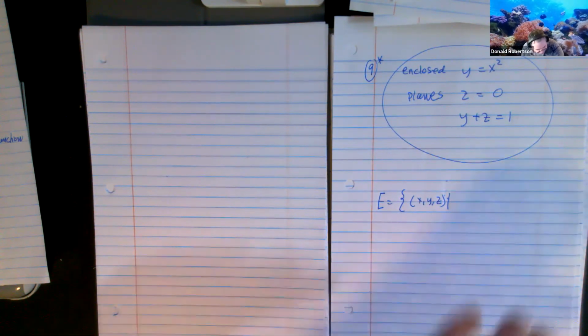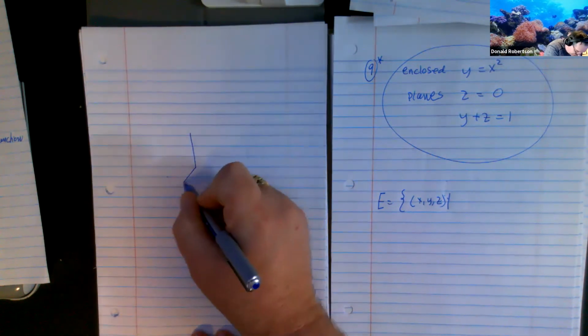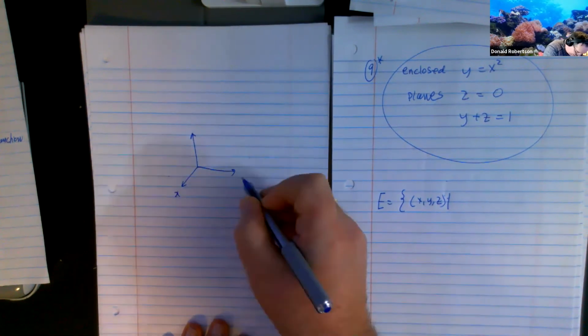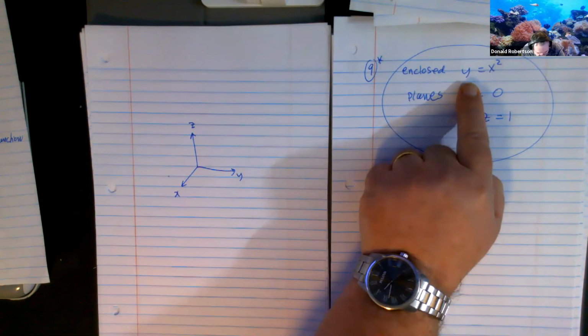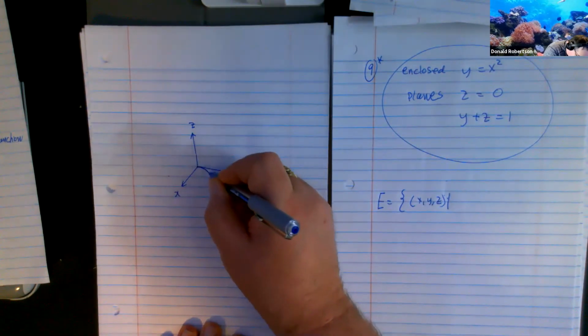I could put this again into GeoGebra and look at the thing. It would certainly be interesting to try and imagine what it looked like. Can you imagine what y equals x squared would look like? Wouldn't it basically look like this on the floor?